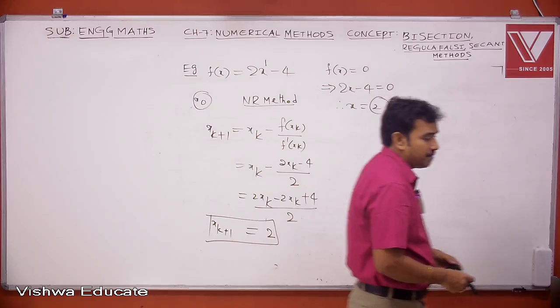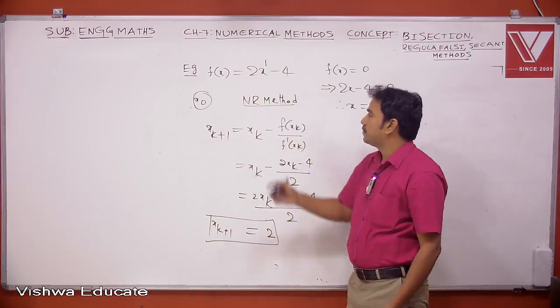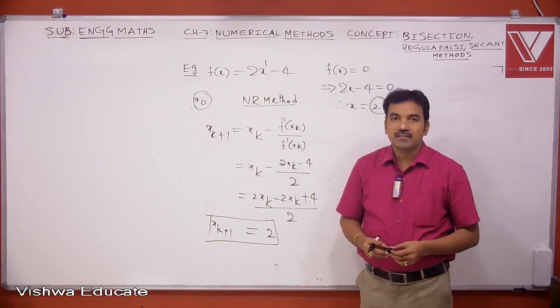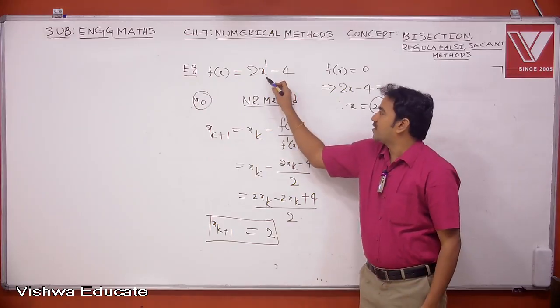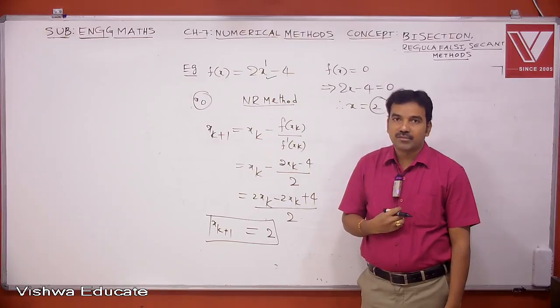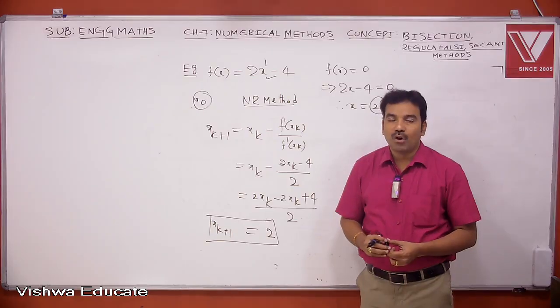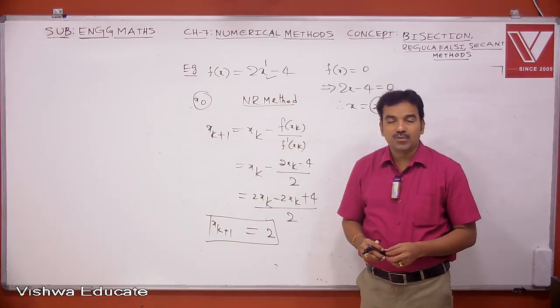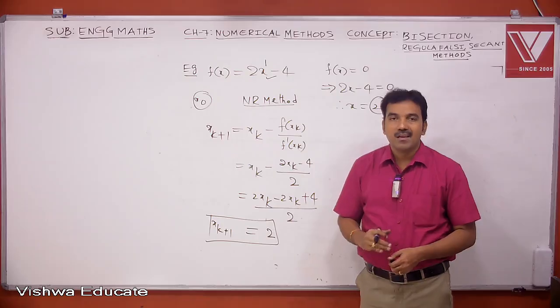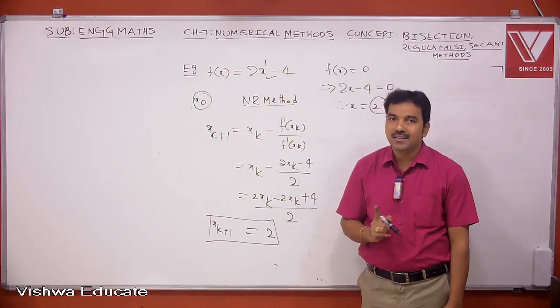Note: the Newton-Raphson method gives accurate value for all first degree polynomials, irrespective of the initial approximation x0, in a single iteration only.